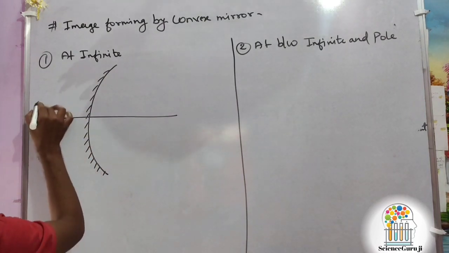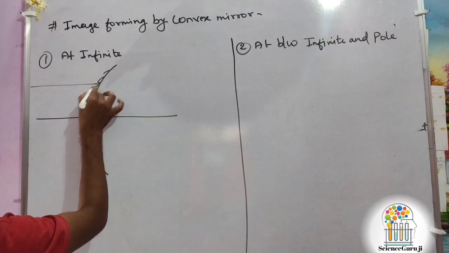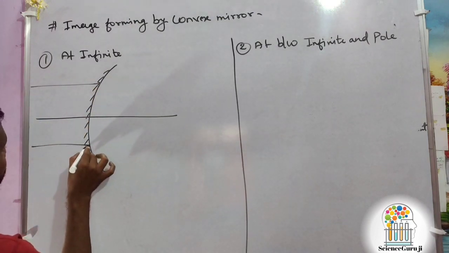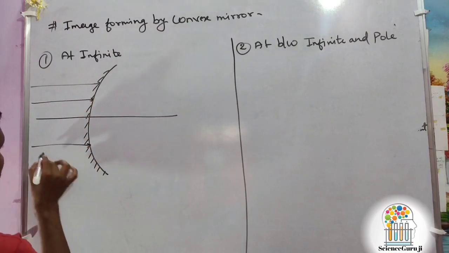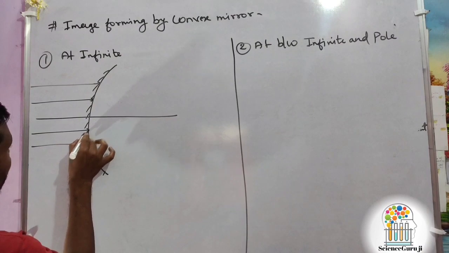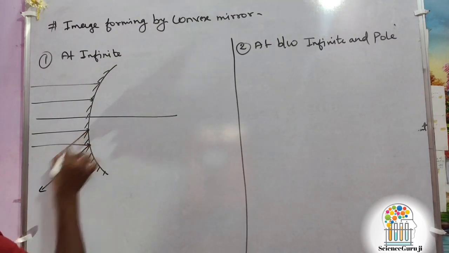So here if any light beam comes from any source, after reflecting from the surface it gets diverged.